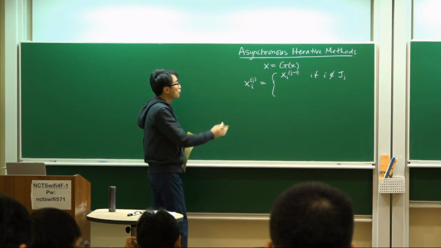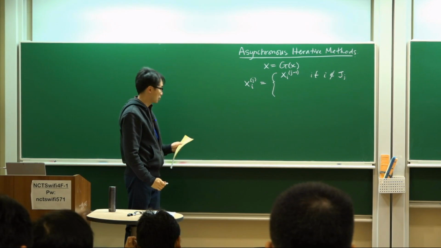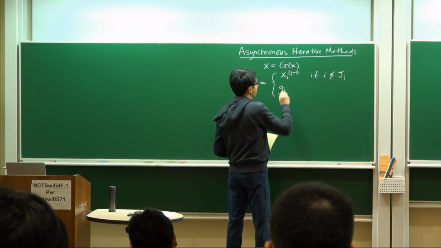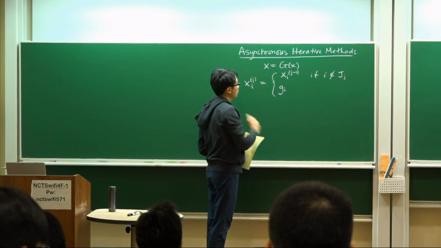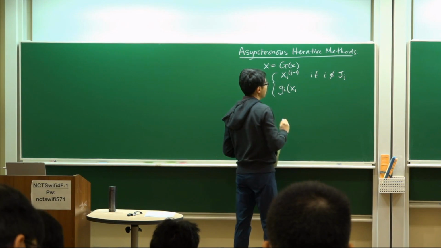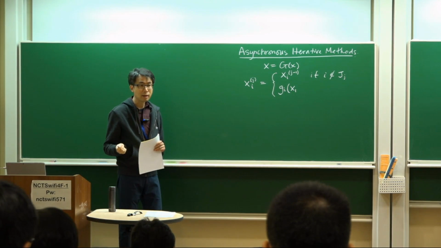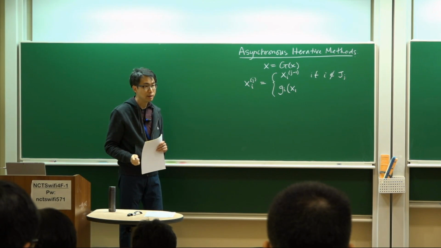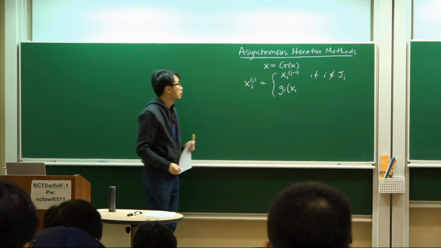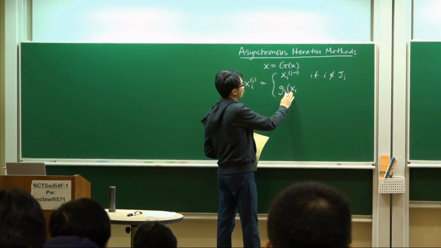But if x_i is a component that is updated at time instant j, then the update looks like this. So this is the ith component of the function g. And we're going to use x_1. But the key in asynchronous methods is that older values of x may be used to perform the update. So which older value of x_1 is used?